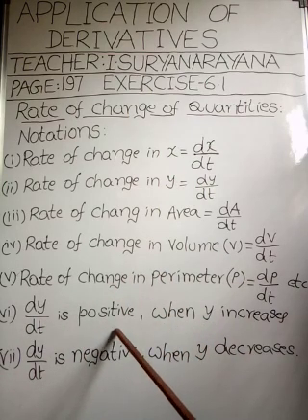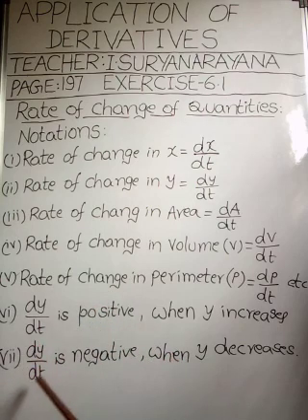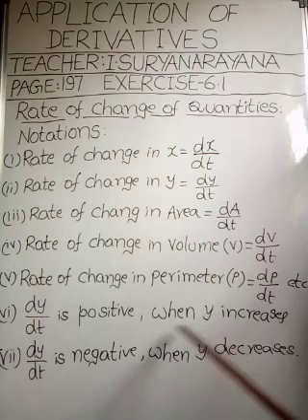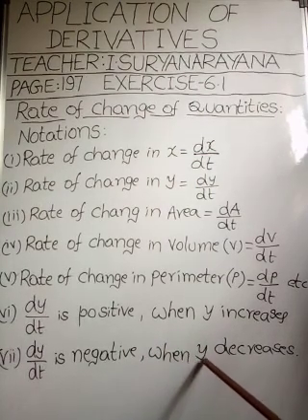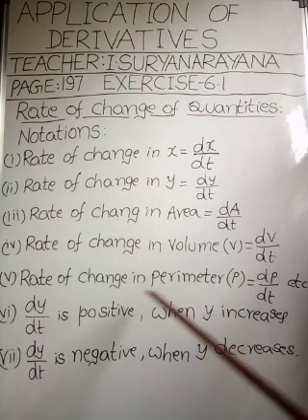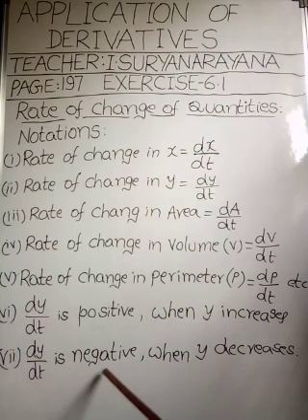Understood this point, my children? Similarly, if dy by dt is negative, it means y is decreasing. In the reverse order, if they give when y is decreasing, it means dy by dt should be taken as negative. Understood this point, my dear children?